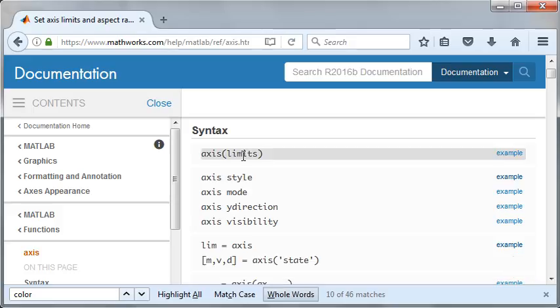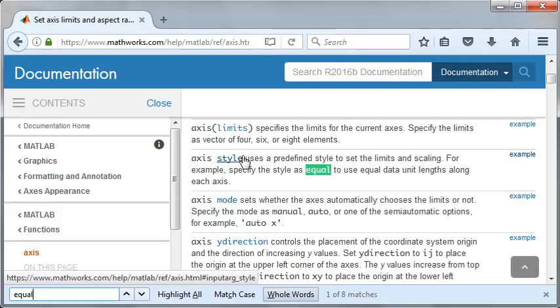Axis. And I'm going to search on the word equal. For example, specify the style as equal, axis style, and in the place of the word style, I put equal, to use equal data unit lengths along each axis. I think that's what I want. Axis equal.